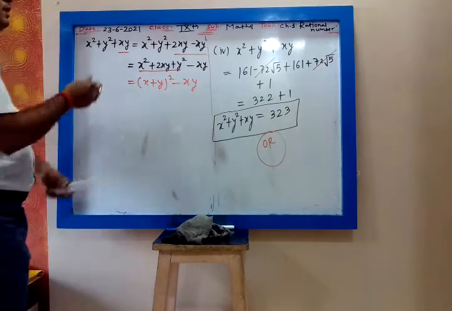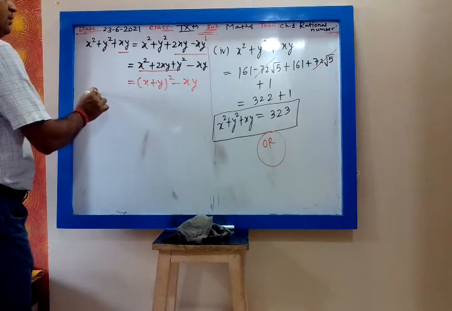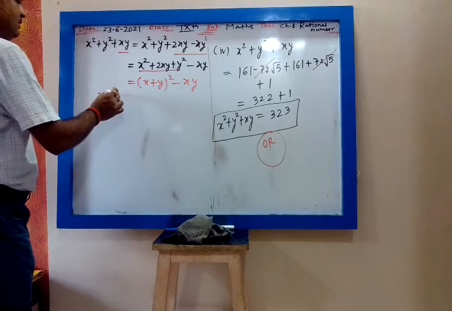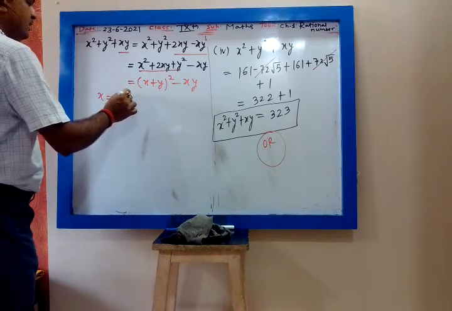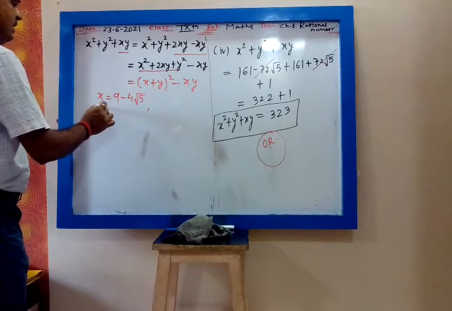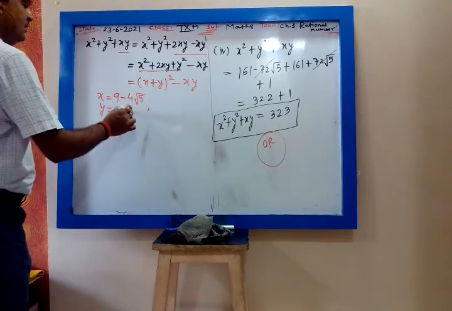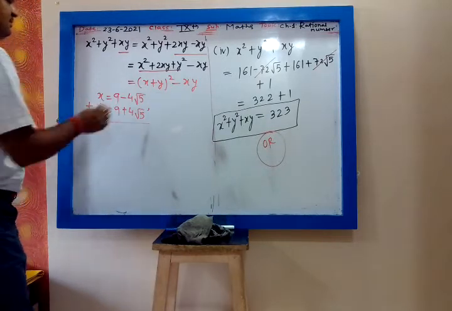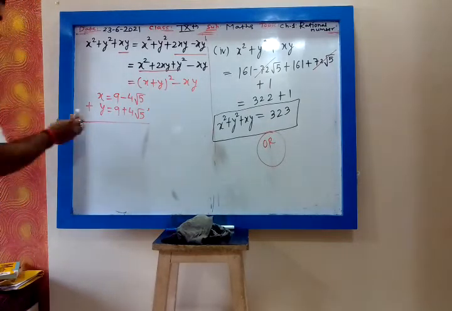Now we have already found what x is. What was x? 9 minus 4 root 5. What is y? 9 plus 4 root 5, correct? And you add them. What is x plus y? This gets cancelled. Are you getting this or not?